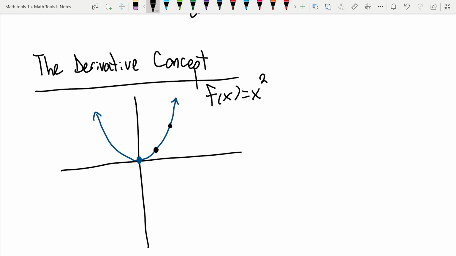We can't really do that too well using any techniques that we already have, right? I think that a good illustration of this is using velocity and position, and the difference between average velocity and instantaneous velocity.